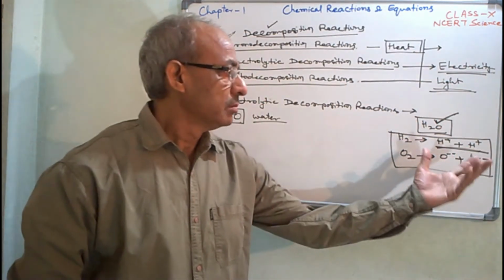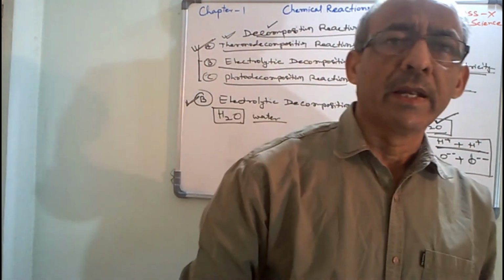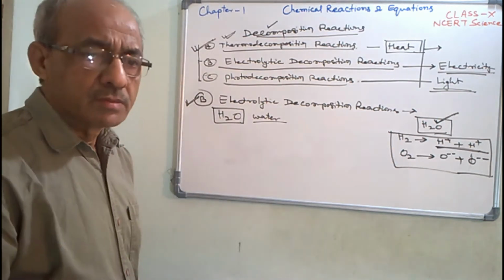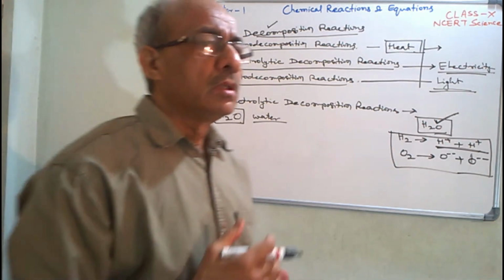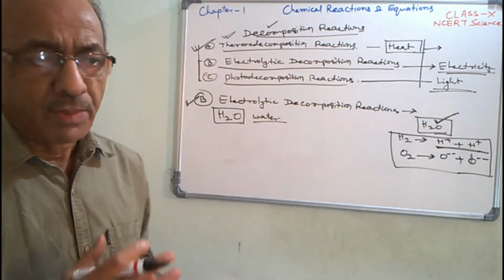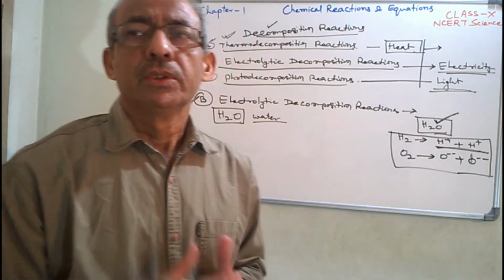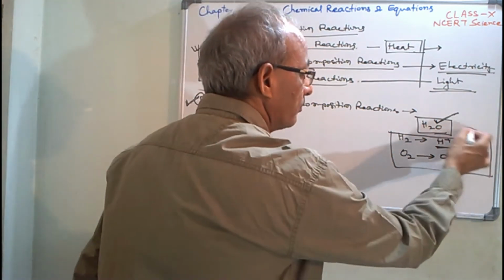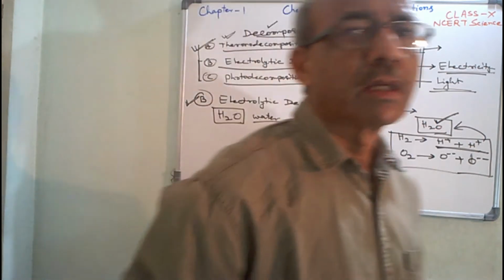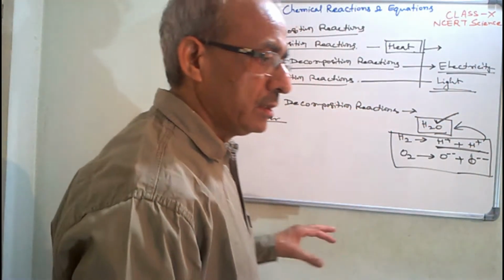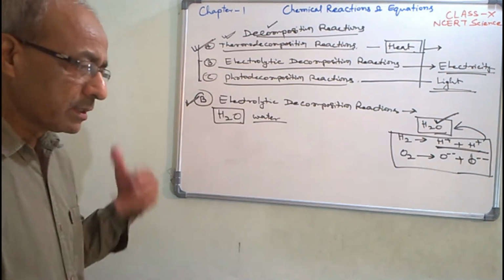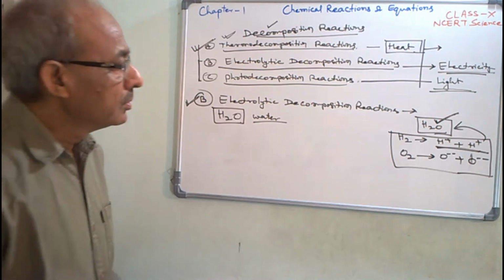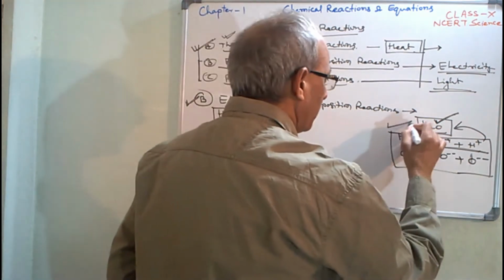As the hydrogen and oxygen ions are electrically charged, having opposite charges, they combine together to form water molecules. This is a natural phenomenon which is continuously going on in nature, particularly during lightning.